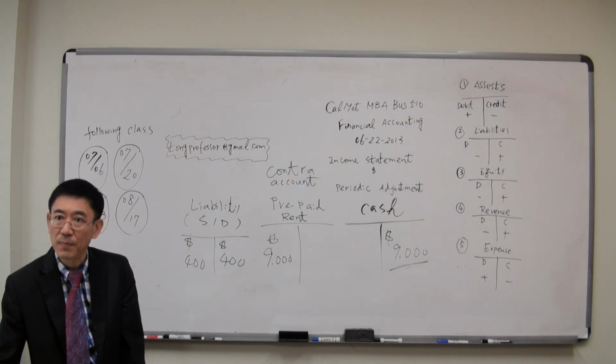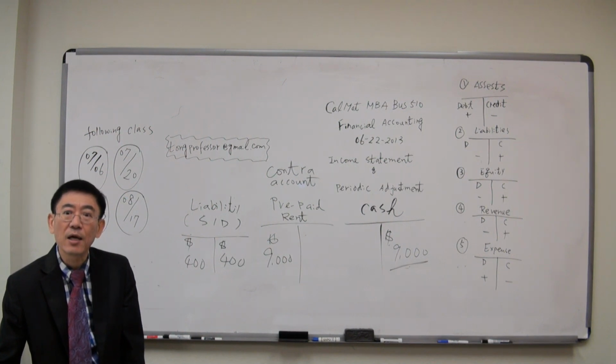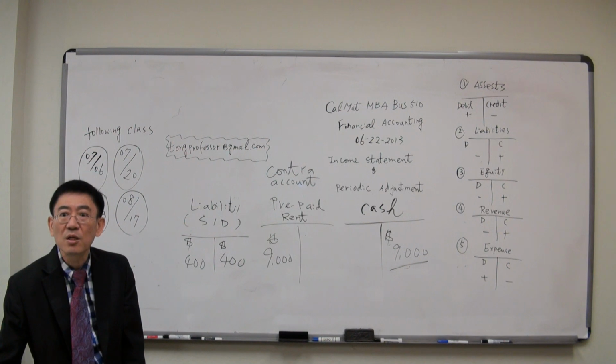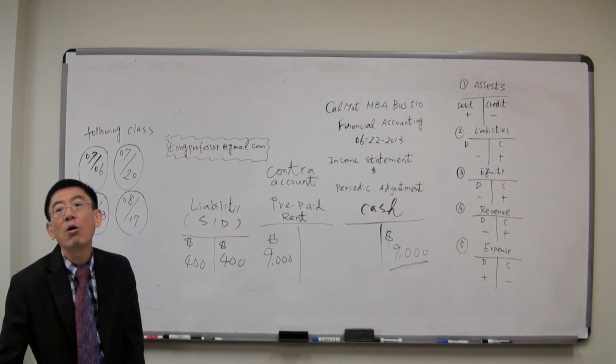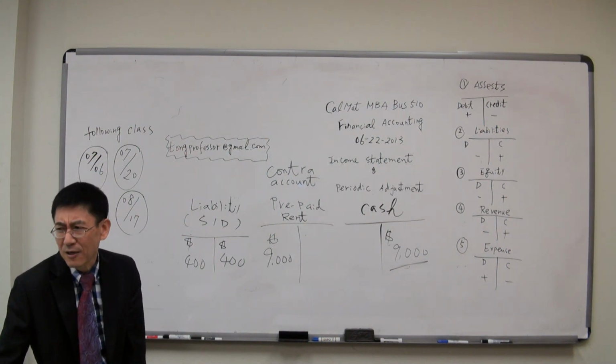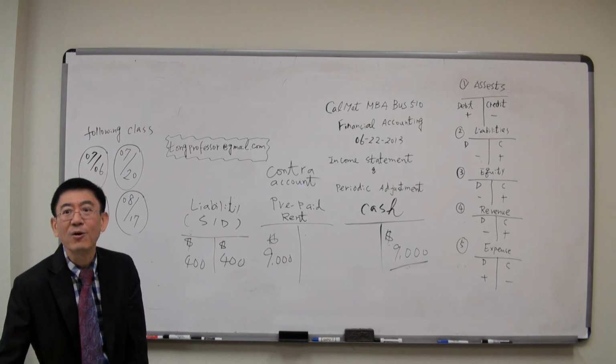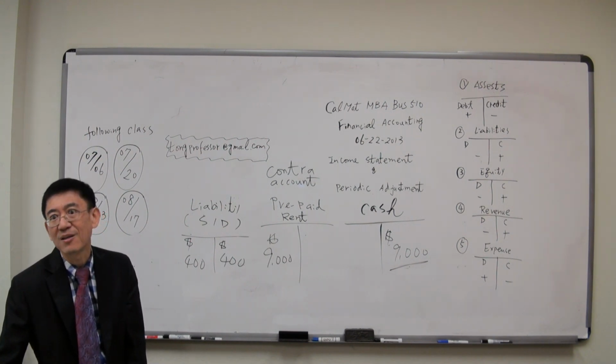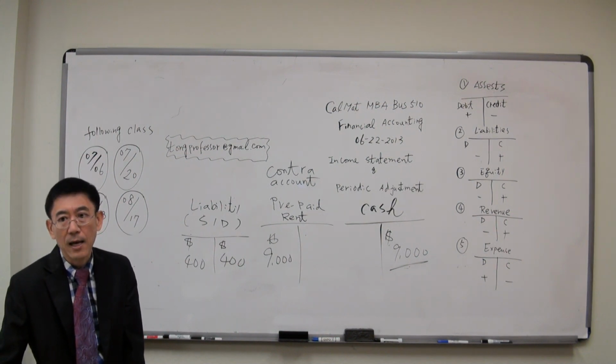Remember I said prepay. Let me give you the answer. For the lay person, those who never learned accounting, or those who learned accounting but did not learn well, you pick the wrong one. The right answer is assets.